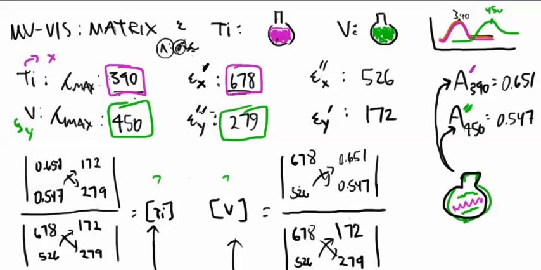This type of problem you might see on the exam. The reason that I say that is because all of the information is given to you here. I'm giving you the molar absorptivities of each one at their lambda maxes, I'm giving you the molar absorptivities of each one at the other component's lambda max, and I'm giving you the absorbances of the mixture at each lambda max.